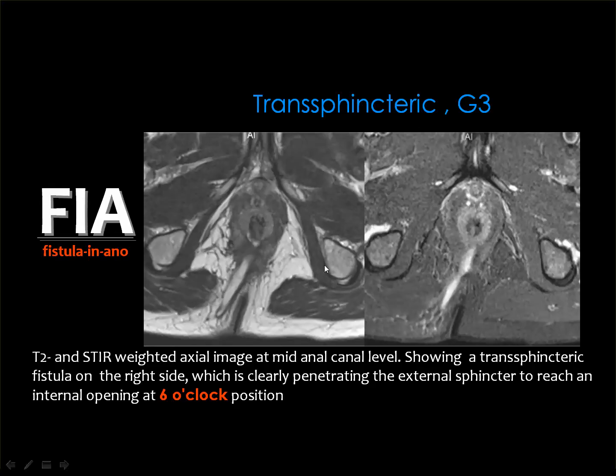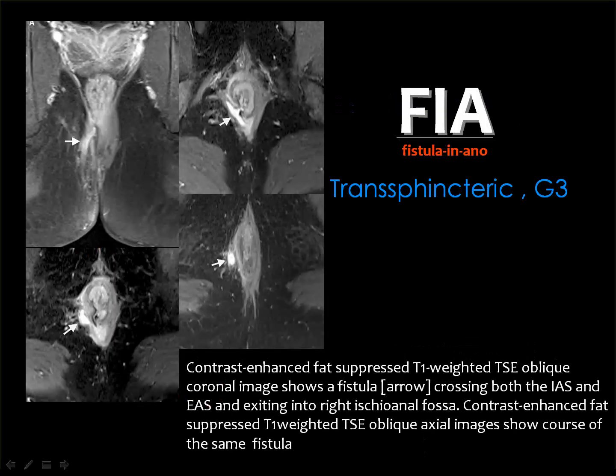The tract will show bright signal in the T2 weighted image due to the presence of inflammatory collection, and it will enhance after injection of contrast. And you are sure now that this tract does not contain abscesses, and this is grade 3 transsphincteric fistula.